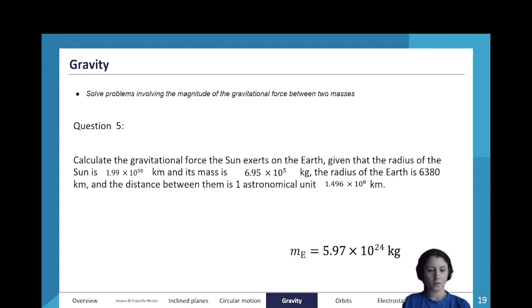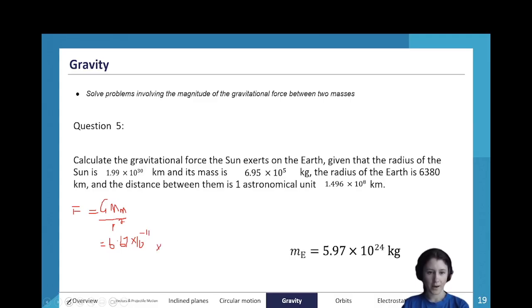Alrighty. To calculate the gravitational force, all we need to do is apply our formula. So we're going to have F equals G M m over r squared. Alright. So G, our gravitational constant, is 6.67 times 10 to the negative 11.